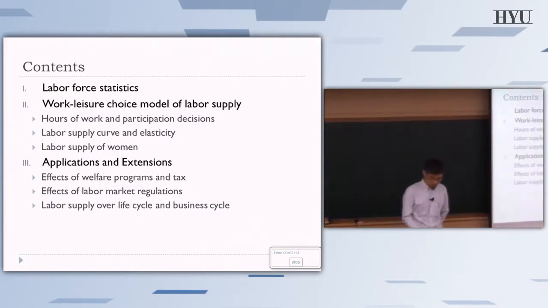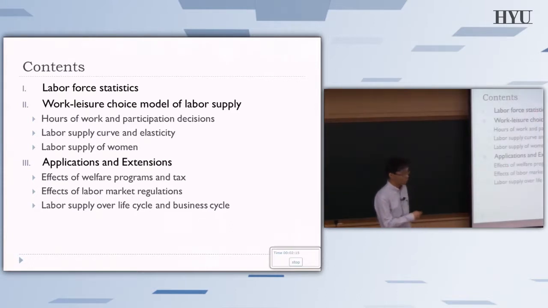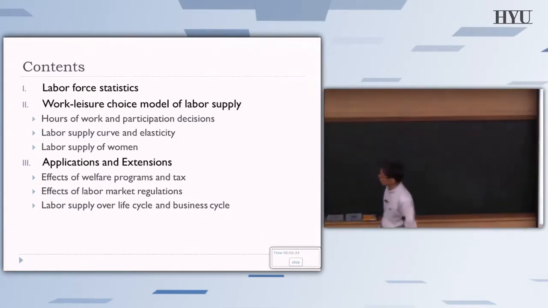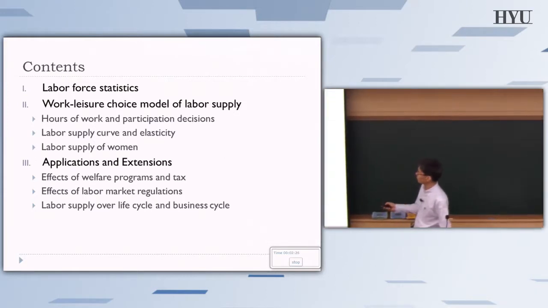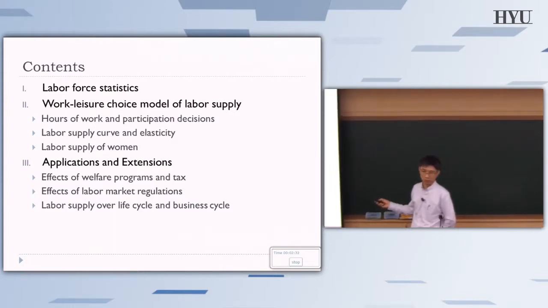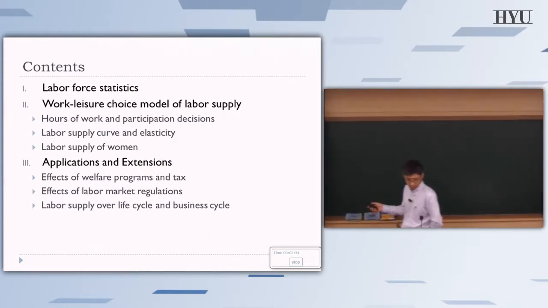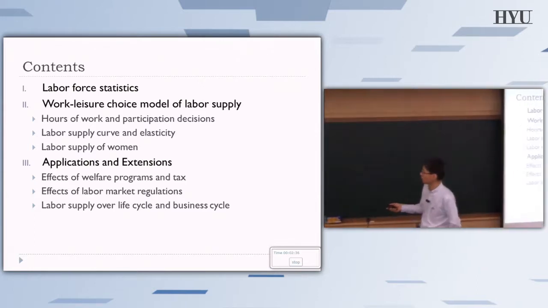Okay, so this is the outline of the lectures that we will go through for about three lectures. A lot of you are probably already familiar with the second part, this model, anyway, but still we are going through it quite thoroughly.